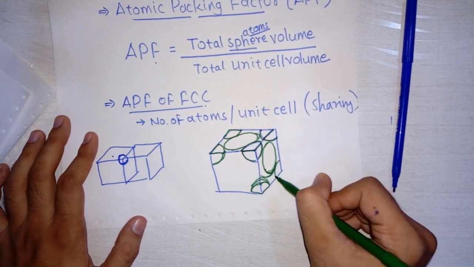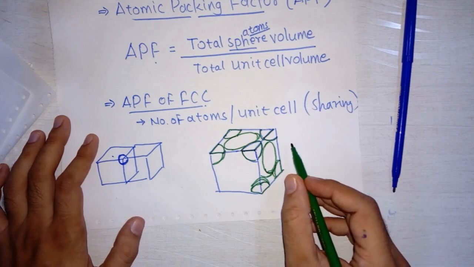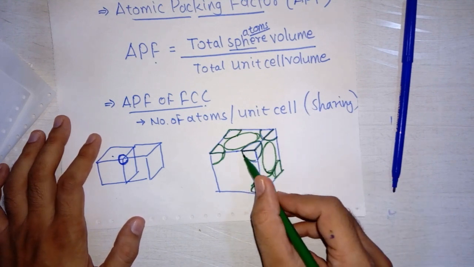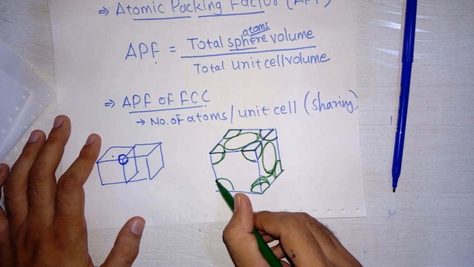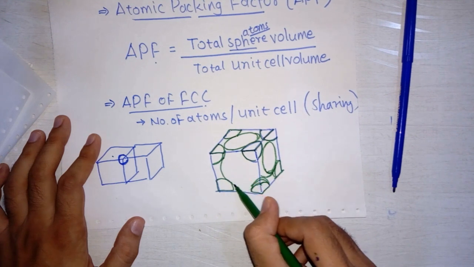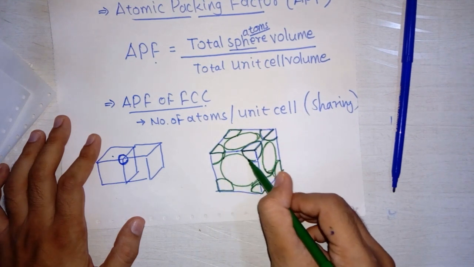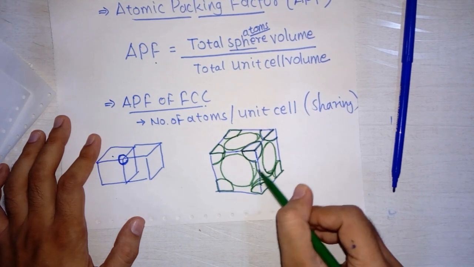We have one atom over here like this. Then we have one atom arranged over here, and now we have one atom at the face center like this, and these two atoms are also touching each other.